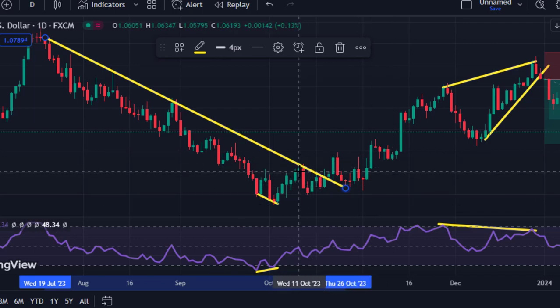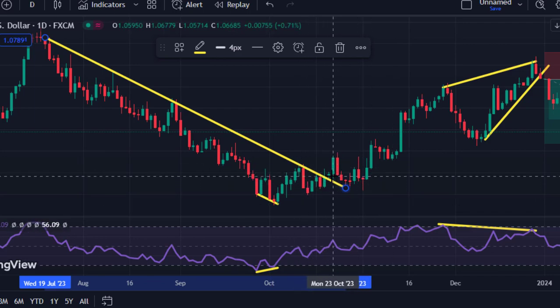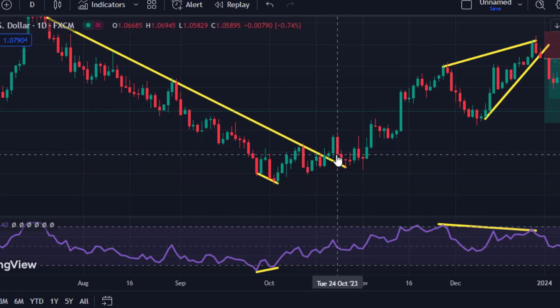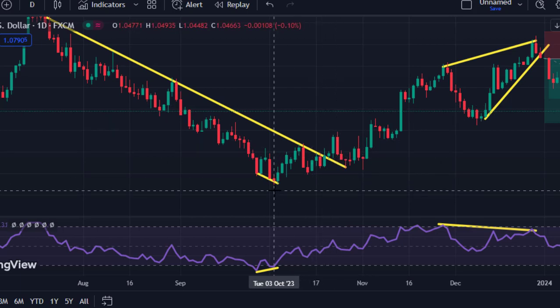So once you see a breakout, which happened at this very point, this is where you're supposed to take your trade for the market to move to the upside, and your stop loss has to be slightly below this very level of support.